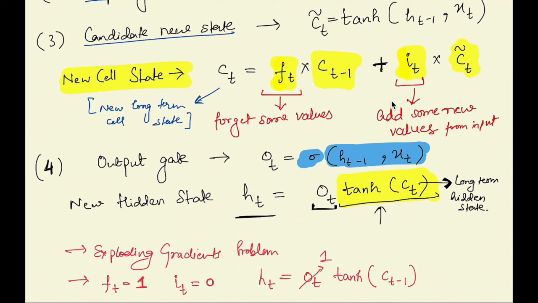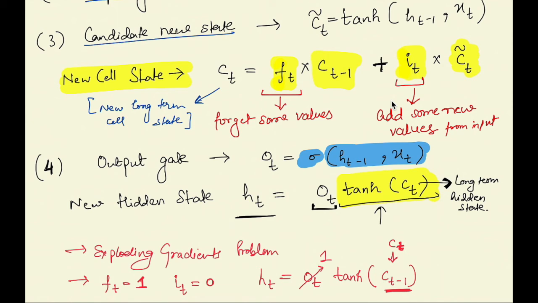So we can see that the LSTM provides us a mechanism to simply carry forward our previous long-term state ct-1, which is also our new state ct, without adding any new information to it.